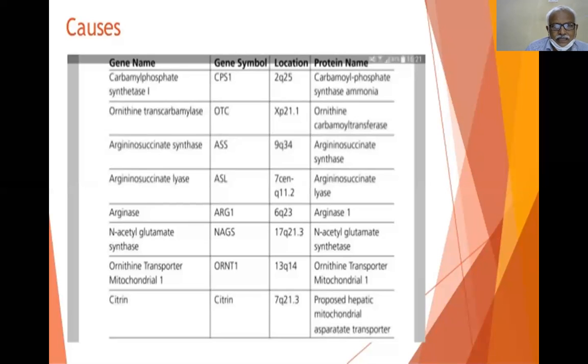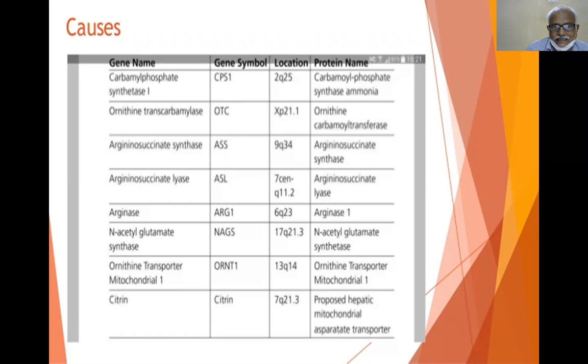So the gene name is carbamyl phosphate synthetase 1. Gene symbol is CPS1. Location is short arm of chromosome 2, 2p25. Protein name is carbamyl phosphate synthetase ammonia. Second one is ornithine transcarbamylase, OTC, Xp21.1, ornithine carbamyl transferase.